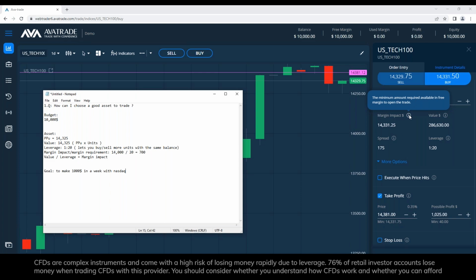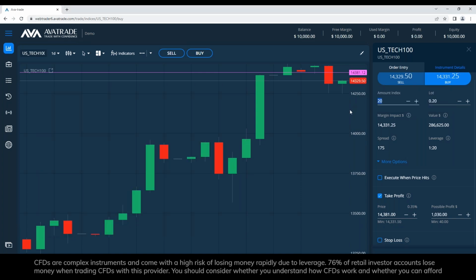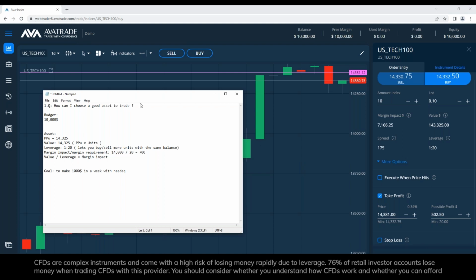What if, let's try it this way. Look, even if I minimize that by half to 10, then I'm gonna make 500 and not 1,000, so that might not be my asset. How can I judge whether an asset is good or not?